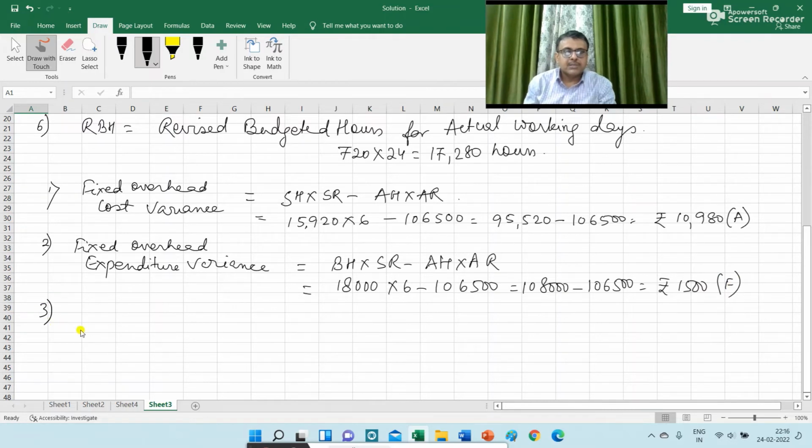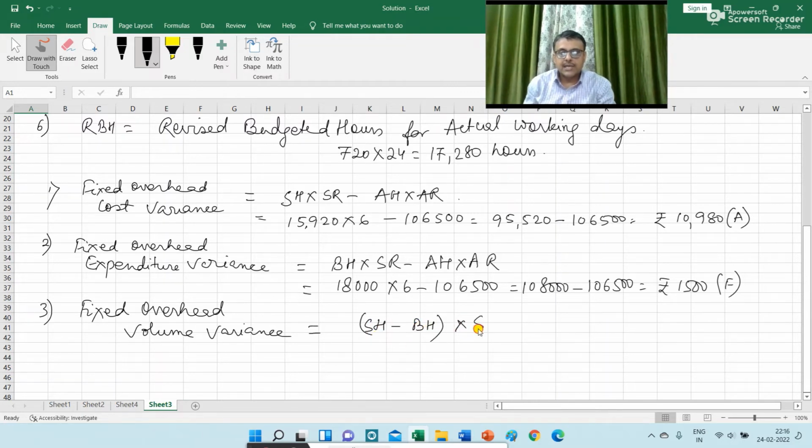The third variance is fixed overhead volume variance. This is calculated as standard hour minus budgeted hour into standard rate. Standard hour is 15,920 minus 18,000 into 6, which is equal to rupees 12,480 adverse.